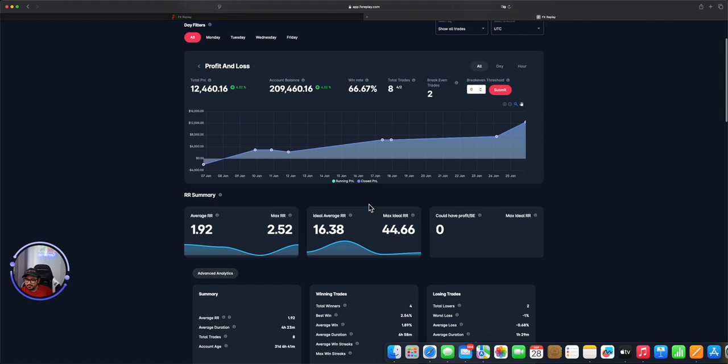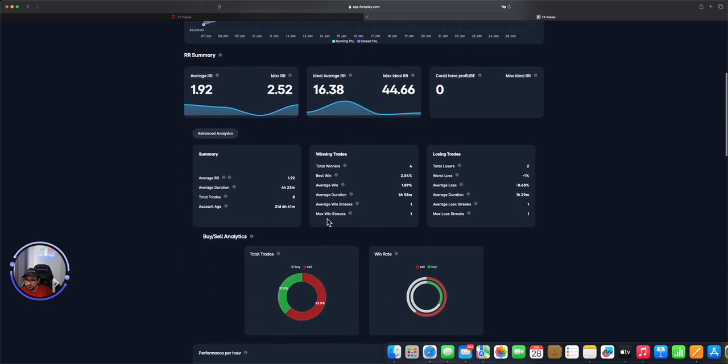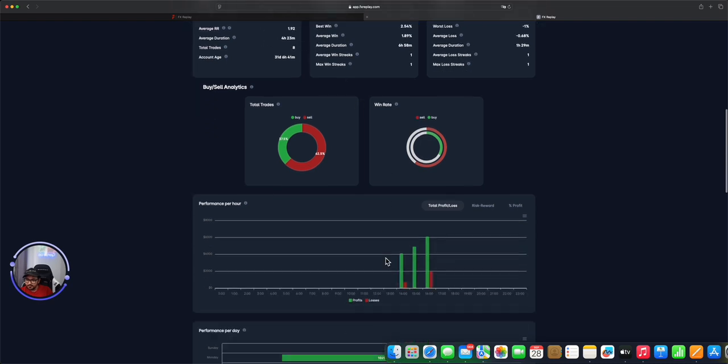Out of them 4 were winners and 2 were break even. So yeah, this is how it looks. We had 4 winners, 2 losers. Average R was 1.92, we targeted 2.5.